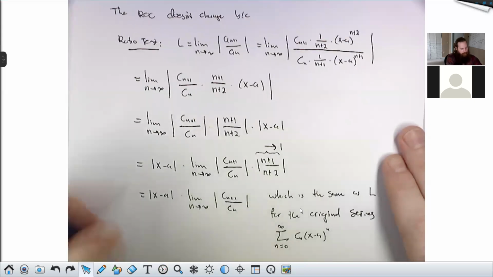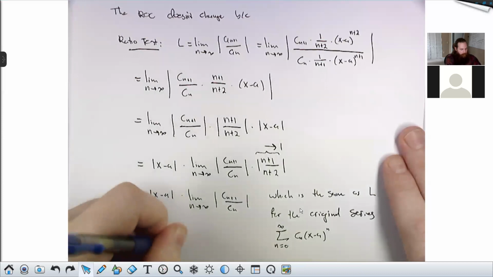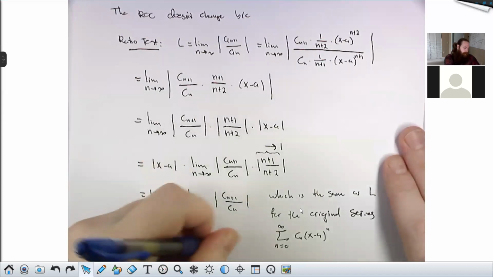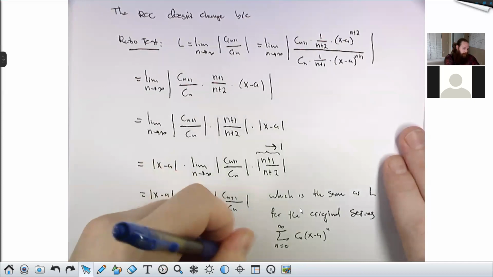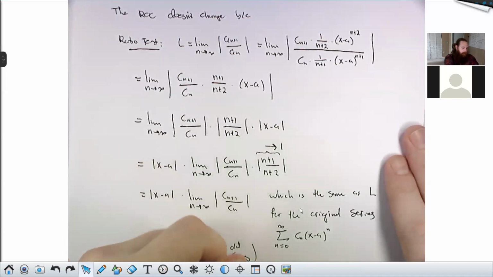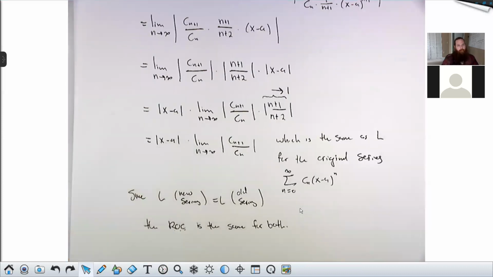Since L for the new series equals L for the old series, the ROC is the same for both. All right, so that's the theorem. That's the proof.